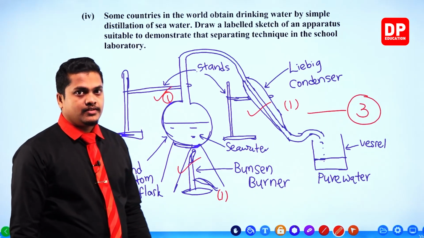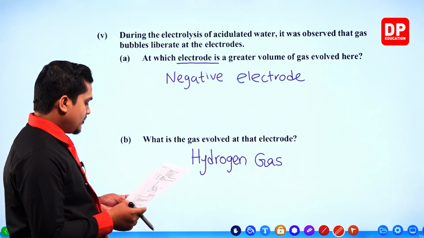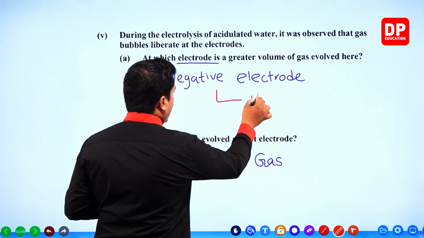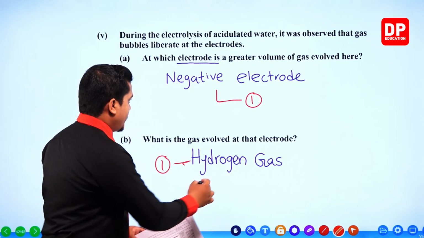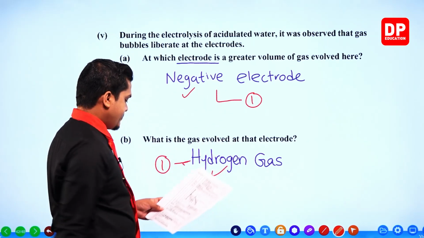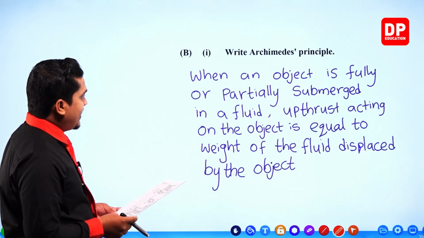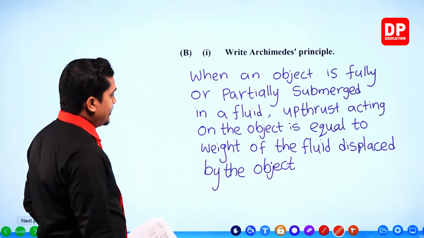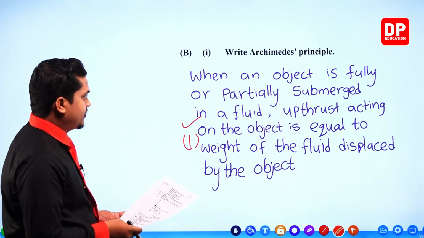Okay, 3 marks. Next one. So for the negative electrode they have provided 1 mark. For the hydrogen gas they have given again 1 mark, my dear children, right? 1 mark each. Then for stating this Archimedes principle correctly, they have given 1 mark, right? 1 mark.